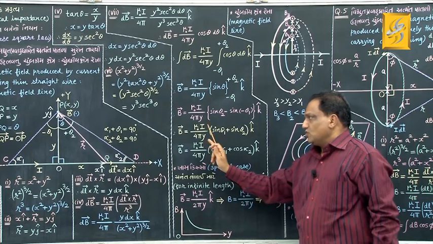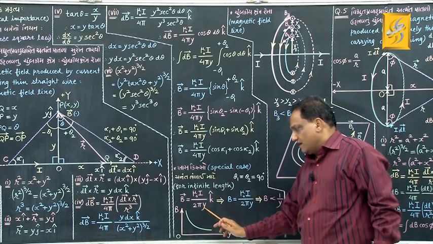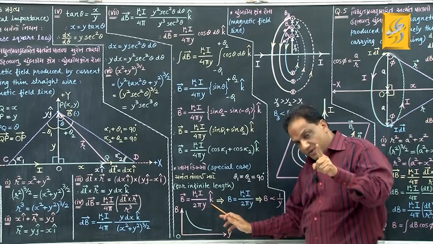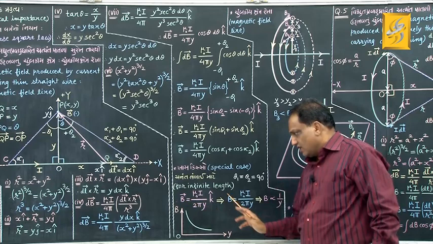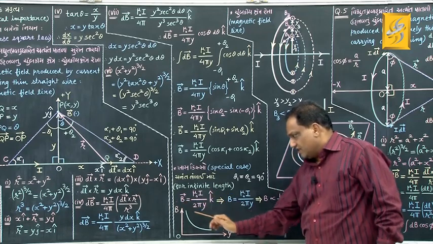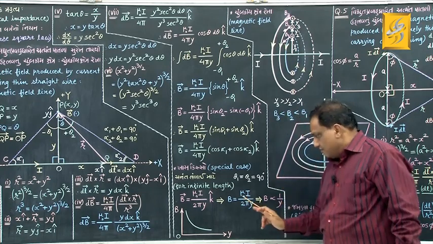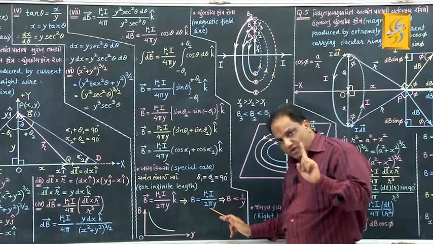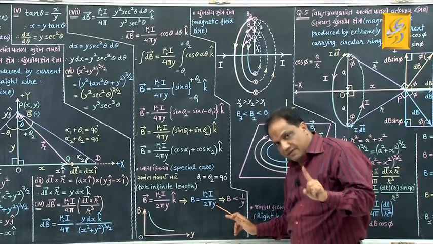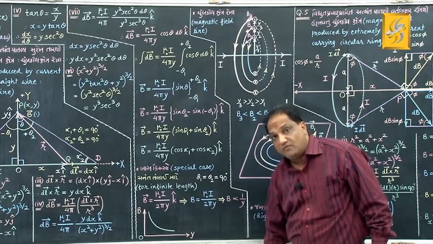That is why it is mu 0 I upon 2 pi y. Don't forget this k hat. Correct? And now tell me, if you take magnitude on both the sides, then magnitude of this is B. Magnitude of this is mu 0 I upon 2 pi y. Correct? Mu 0 I upon 2 pi is constant. This y is the perpendicular distance from the wire that you may vary, and if you change y, definitely B value will change.